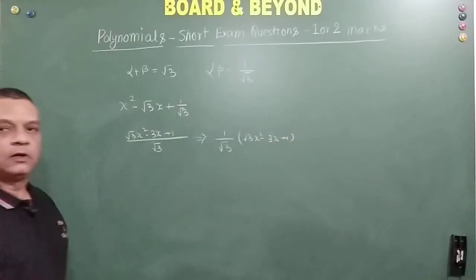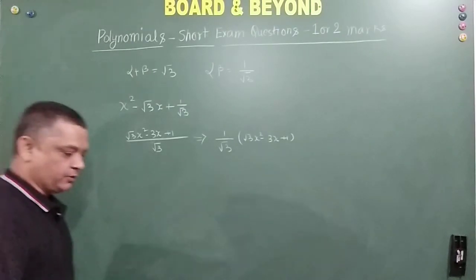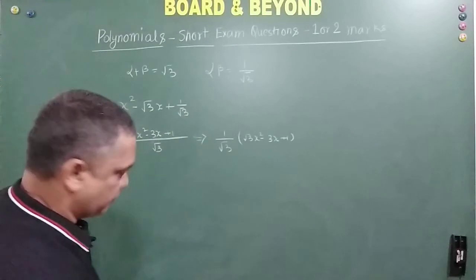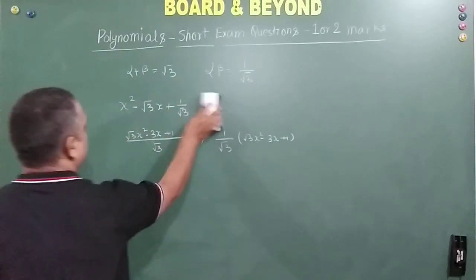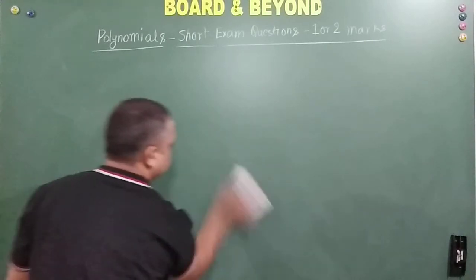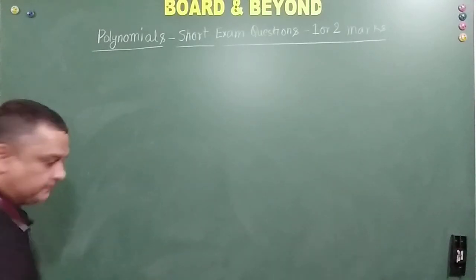So this is the quadratic polynomial which we are expected to find out. You can leave it at this step also, that is good enough because this is only a constant. Let's move on to the next one.